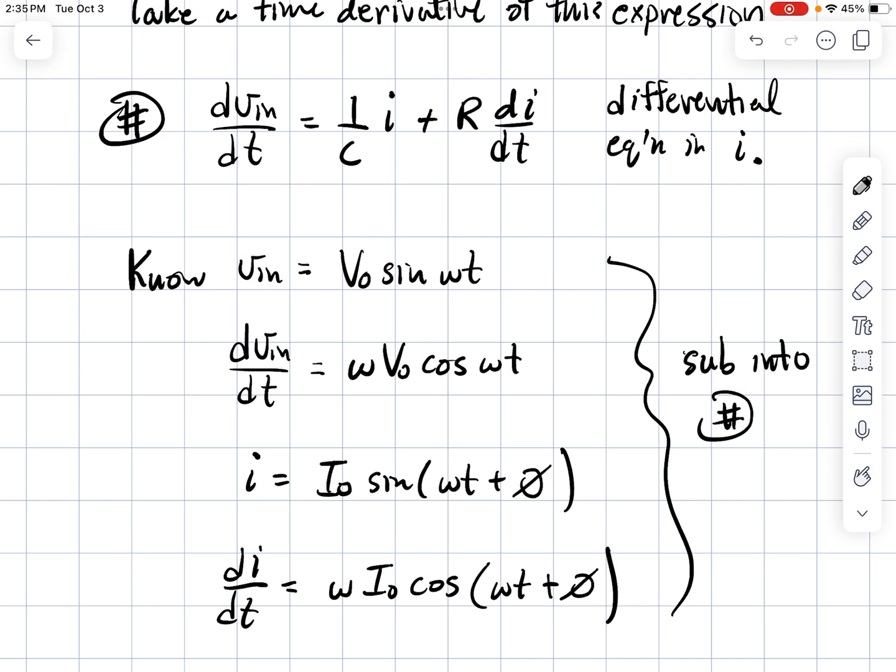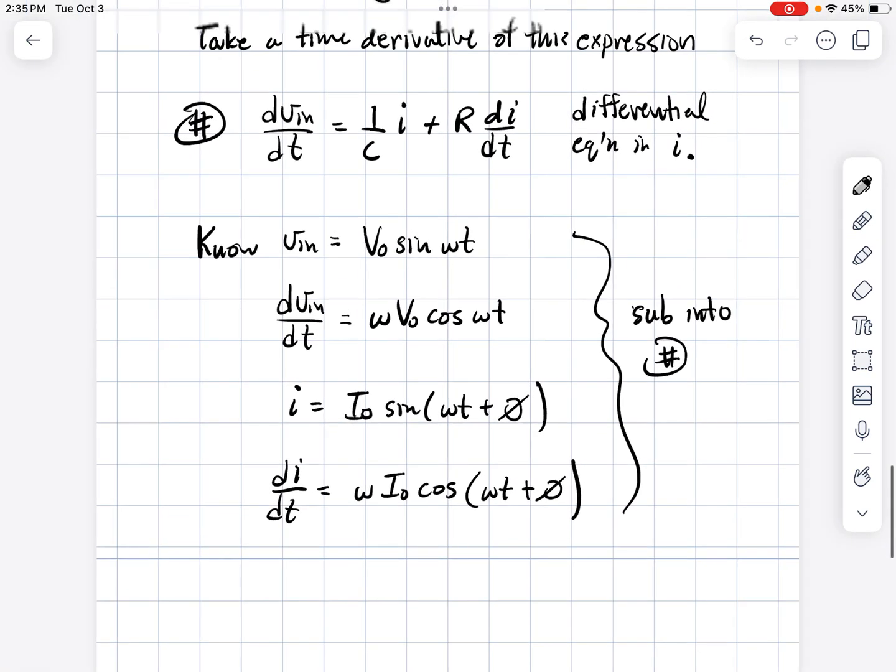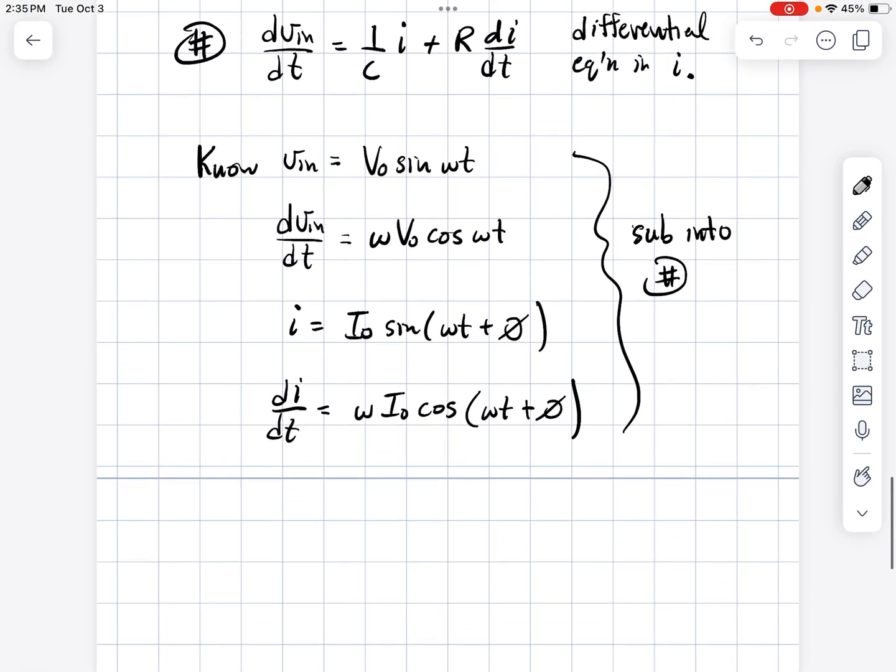Okay, so let's do that. Maybe I'll make this a bit smaller so we can see equation number sign, and we'll make our substitutions. So first, we have the derivative of Vn, so we'll have omega V naught cos omega t is equal to 1 over C times I. So we'll have an I naught over C, then sine omega t plus phi.